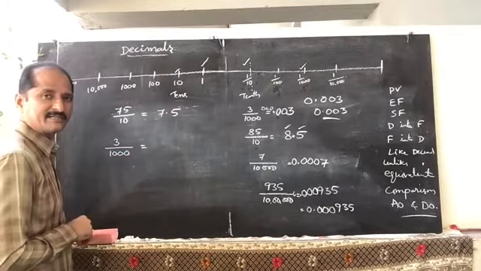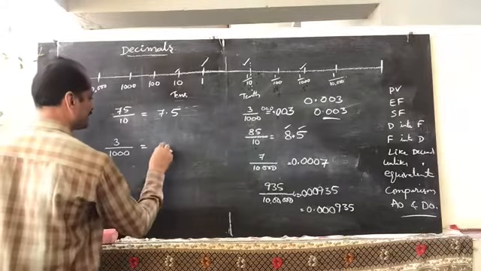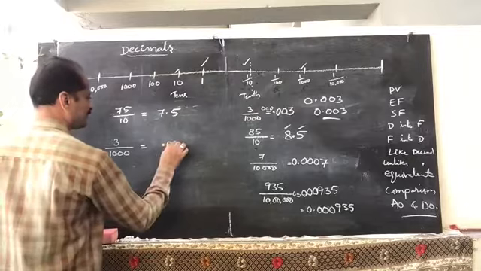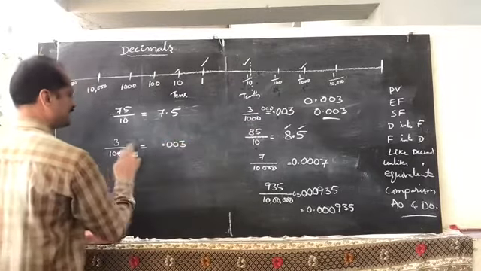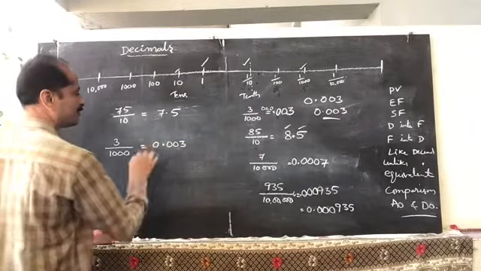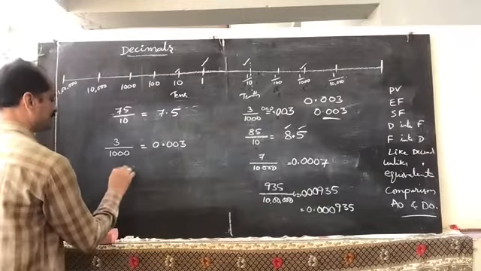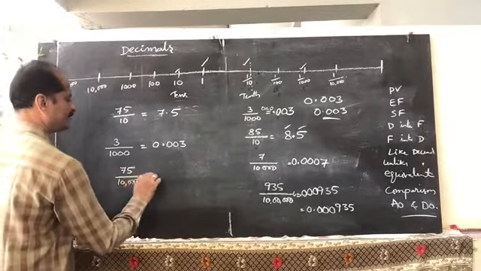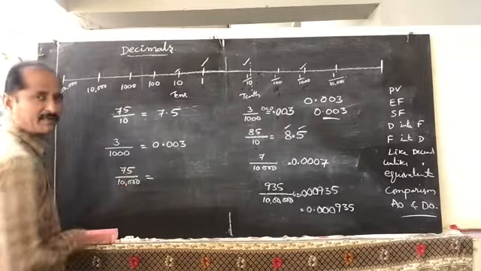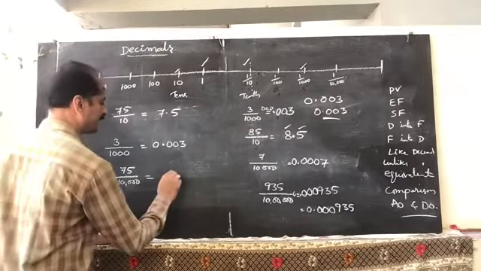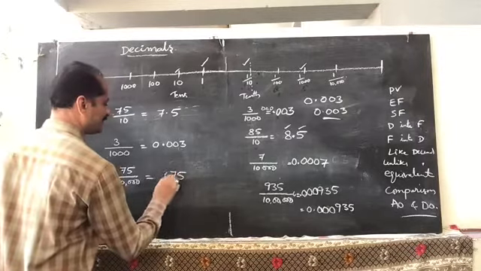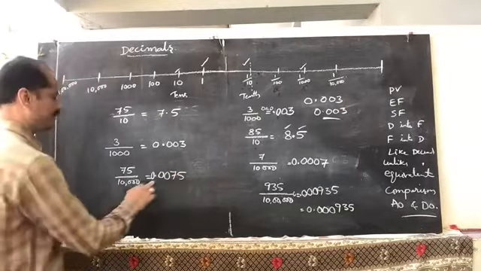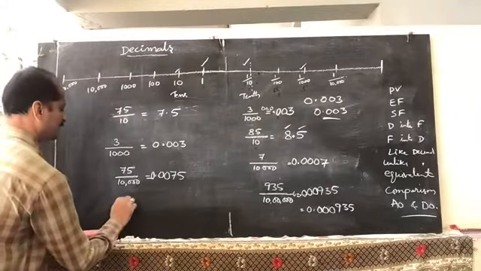To have 3 digits in the decimal part, we place the point after 3 digits: 1, 2, 3. Only 1 digit is there, so before that you have to place 0s. So 0.003. Then 75 by 10,000: there should be 4 digits in the decimal part. How can you write 75 in 4 digits? Write 0075, so that is 0.0075, 4 digits in the decimal part.